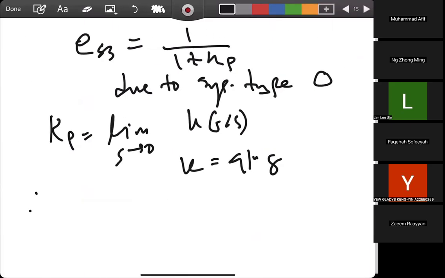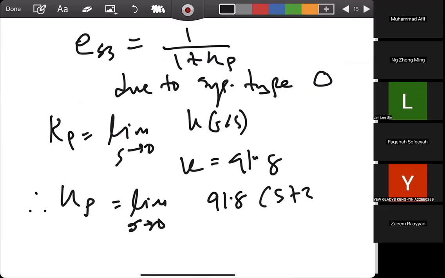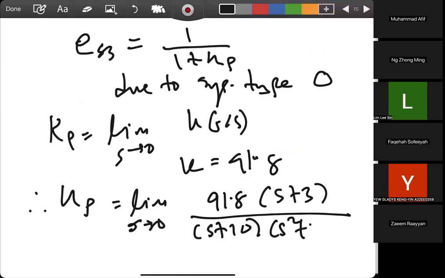So Kp is 91.8 times 3 over S plus 3, S plus 10. So you replace, you will get 9.18.